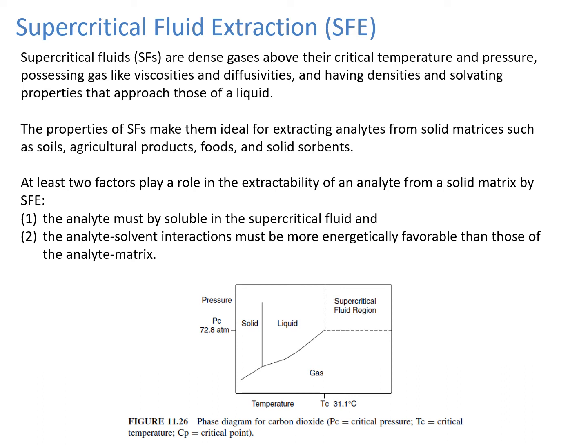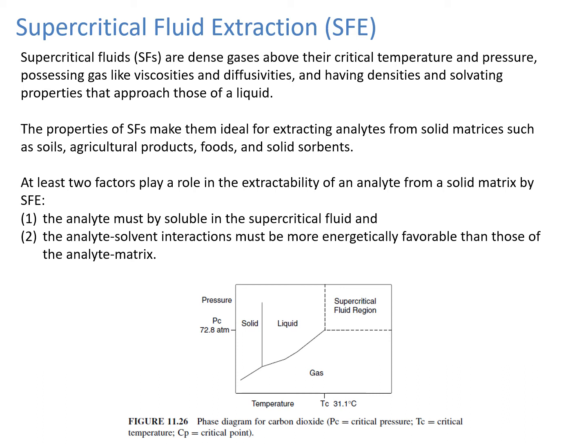So class, let's move on to the supercritical fluid extraction. Supercritical fluids are dense gases above their critical temperature and pressure, possessing gas-like viscosities and diffusivities, and having densities and solvating properties that approach those of a liquid. The properties of supercritical fluids make them ideal for extracting the analyte from solid matrices such as soil, agricultural products, foods, and solid sorbents.